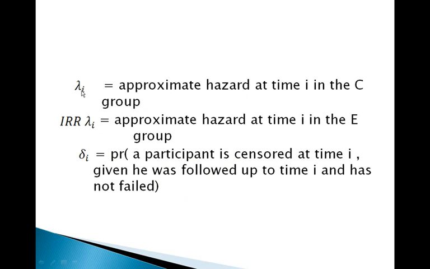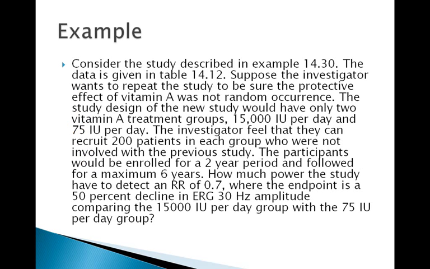And recall too that lambda sub I is the approximate hazard at time I in the C group, and lambda sub IE is the approximate hazard at time I in the E group. The delta sub I is the probability a participant is censored at time I given he was followed up to time I and has not yet failed.